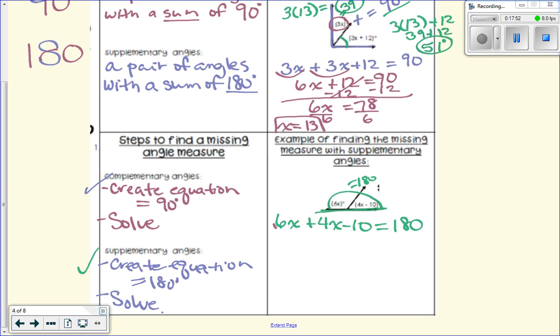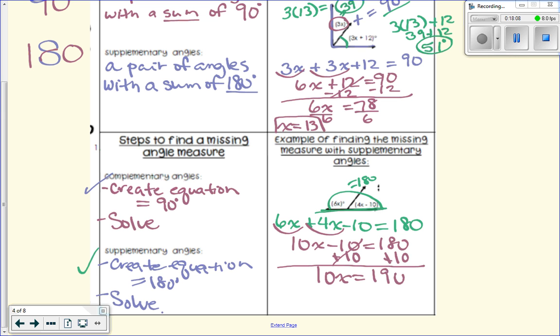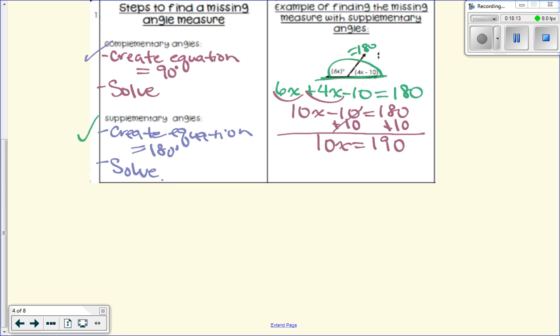And then we're going to combine our like terms, which is 10x minus 10 equals 180. Add 10 to both sides. We're left with 10x equals 190. Good. And then we're going to divide by 10 on both sides. That leaves us with x equals 19. Okay?